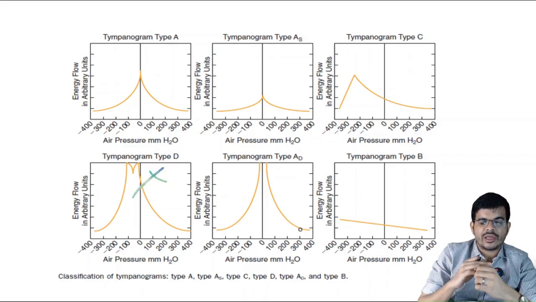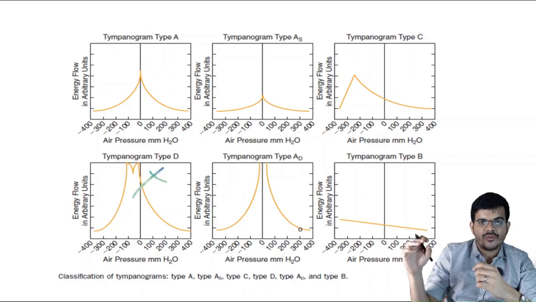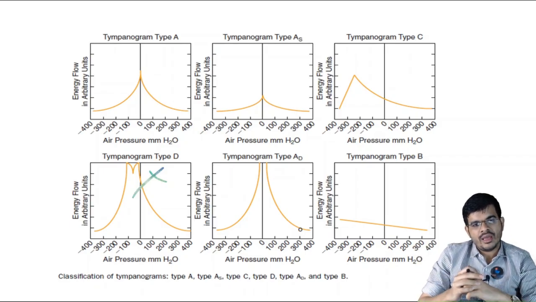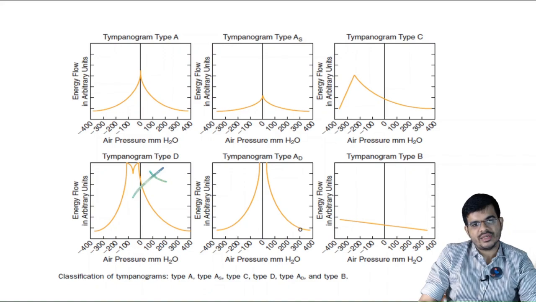Whereas in case of a foreign body or wax within the external canal, the external canal volume will be seen as decreased. These are also pathologies which will give a curve similar to a B curve, but there won't be any seal obtained.